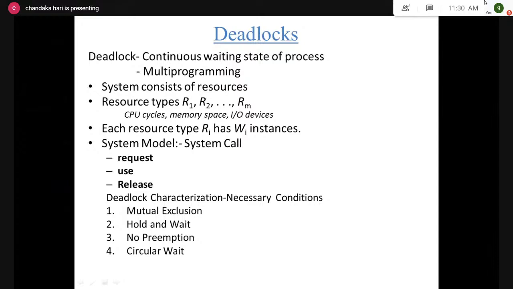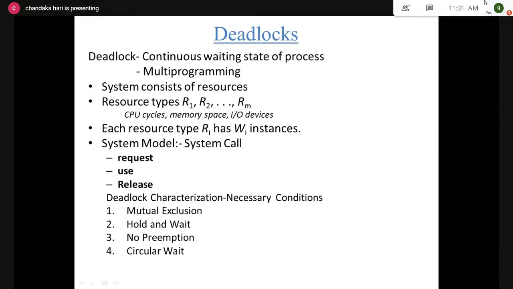So these are the three system calls required to implement the system: request, use, and release. Before executing a process, the resources required are obtained by the request system call. Once obtained, you continue execution by the use system call, and once complete, you release the resources by the release system call. That's it. This is how the system model is implemented.